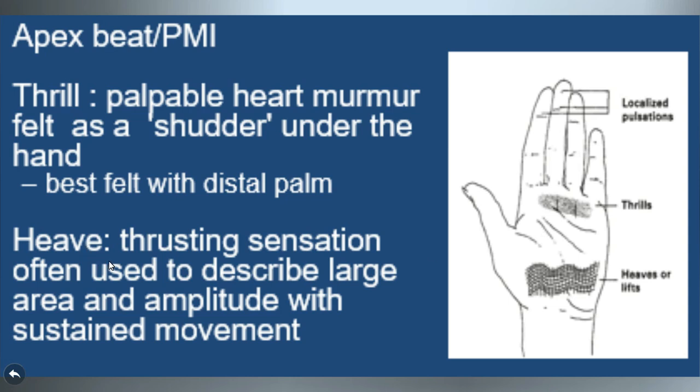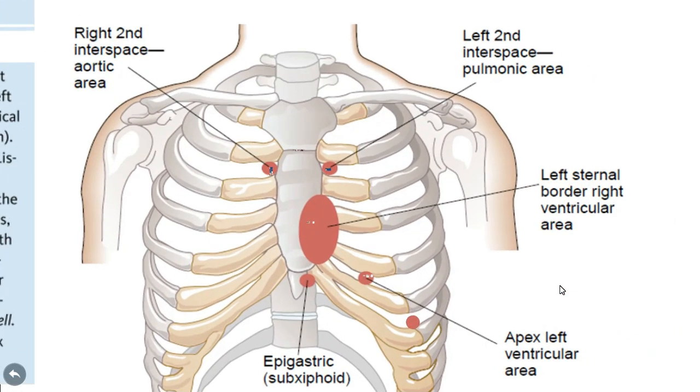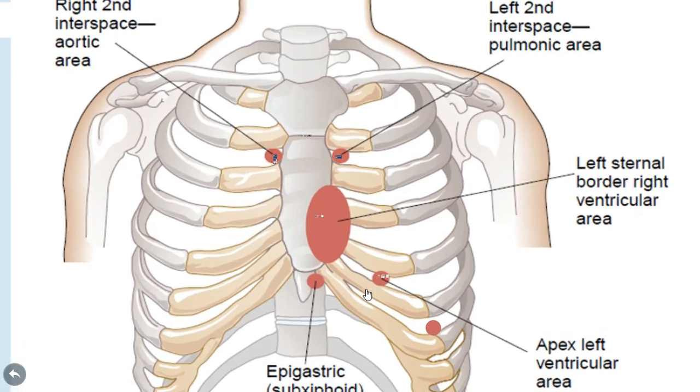If you try to appreciate the thrusting, sustained movement of the ventricles, this is what we call a heave. This can be appreciated on this part of the hand. So remember again: the right second interspace, left second interspace, the left sternal border for tricuspid, and then the apex, the LV area.